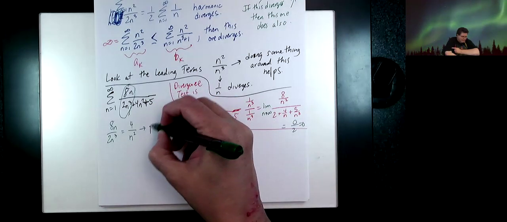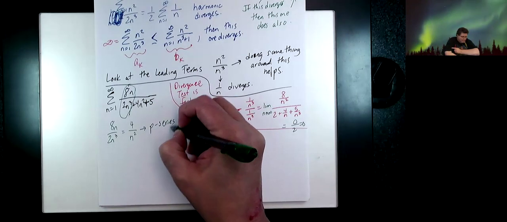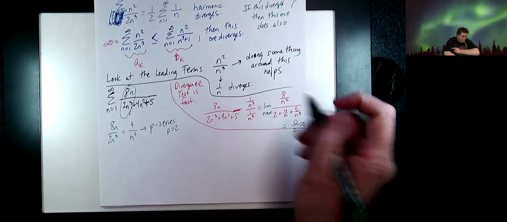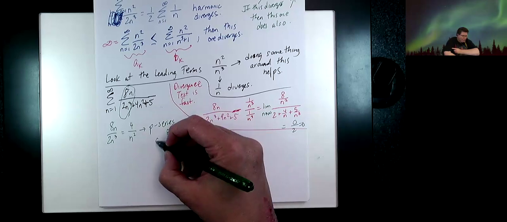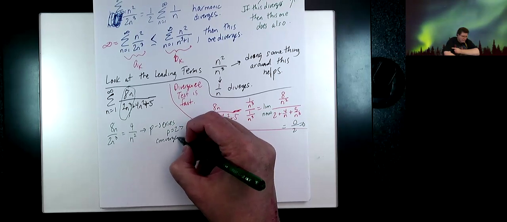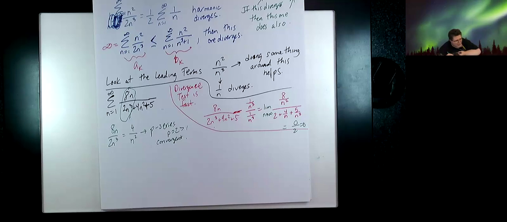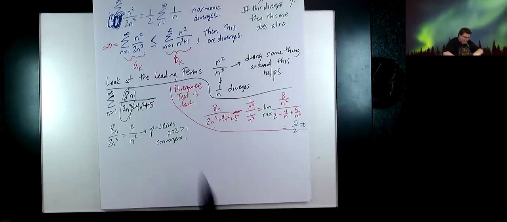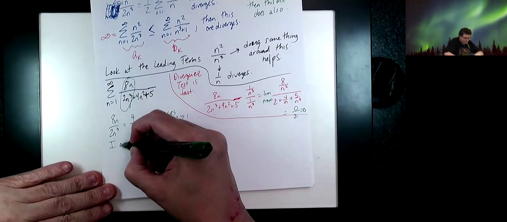That would be a p series, p equals 2, which is greater than 1, which would be convergent. I'm thinking this is going to converge. So I am going to shoot for convergence.